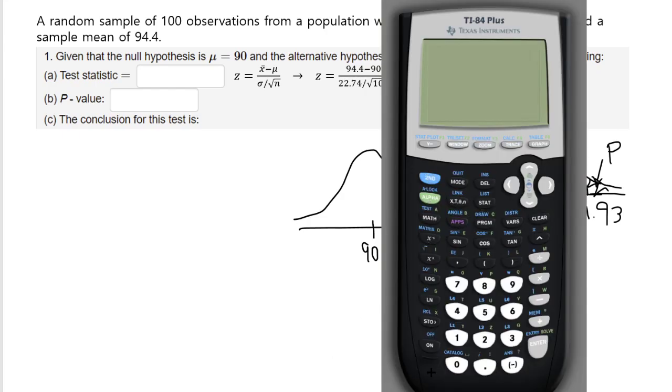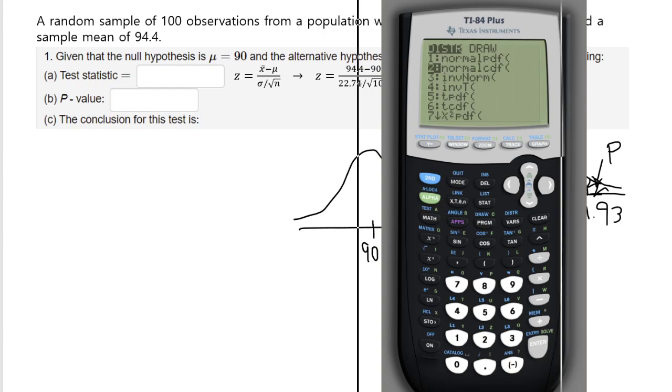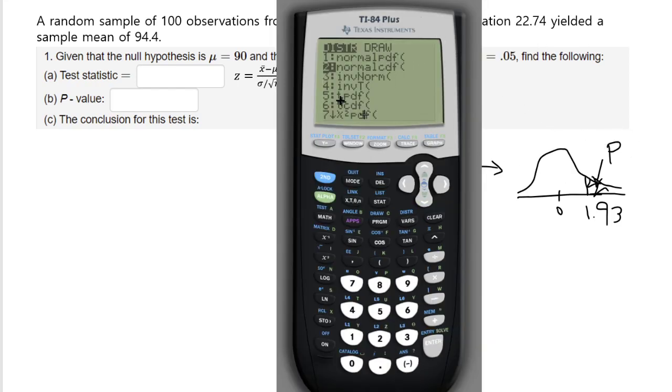So if you go to the calculator, to find the p-value from a given value, you have to use the normal CDF, and you can see that negative 1e99, that's practically negative infinity, and it's really hard to put this back in if you change this to other numbers.